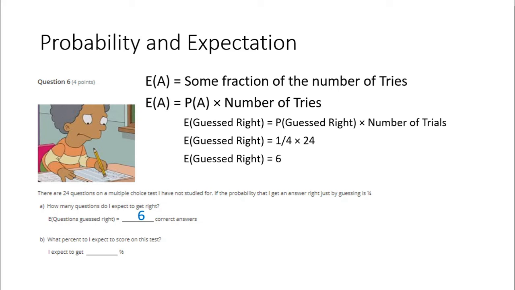So the expected percentage that I get on this test, I could either say I would get 6 out of 24 and turn that into a percentage, or I could look at the fraction of the questions I expect to get right, which is 1/4, and I'll convert that fraction into a percentage. 1/4 is the same as 0.25, doing 1 divided by 4, and to turn that decimal into a percentage, we times by 100. So that's going to be 25%. Not great. Better get studying.